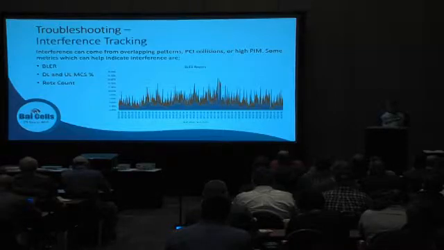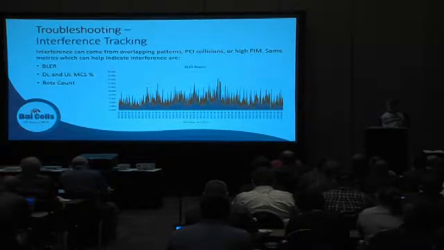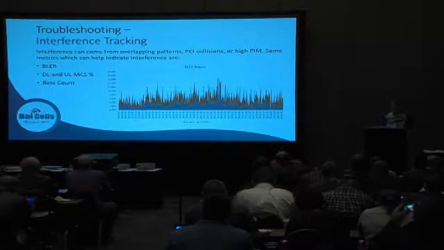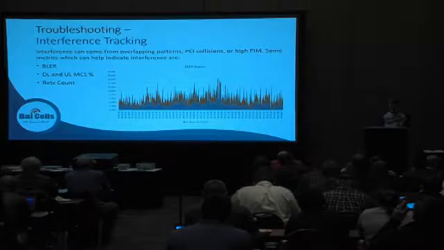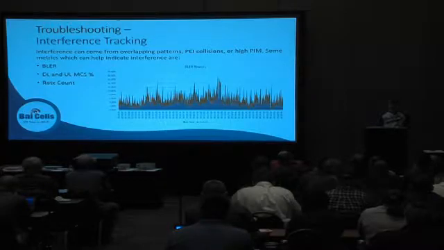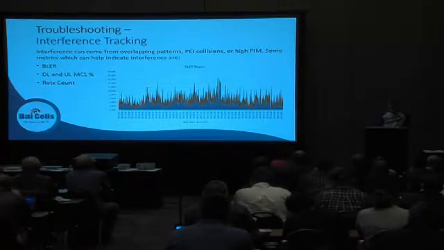When we're talking about interference, the other thing to note is that interference isn't just due to RF. It can be due to PCI collisions, which Cameron will discuss later, and it can also be due to high PIM. LTE is very sensitive to PIM.